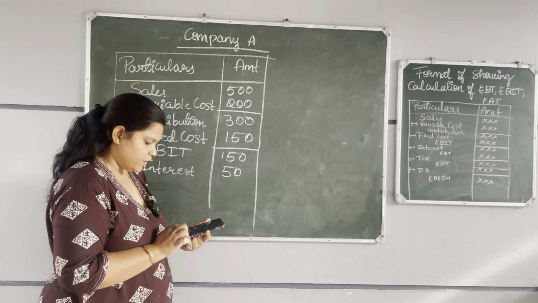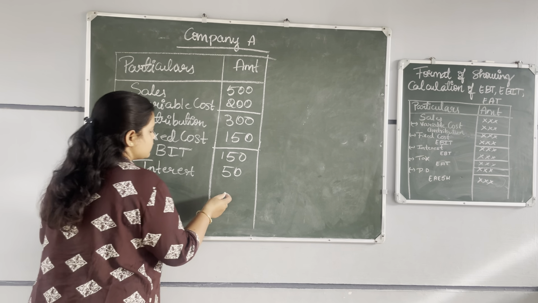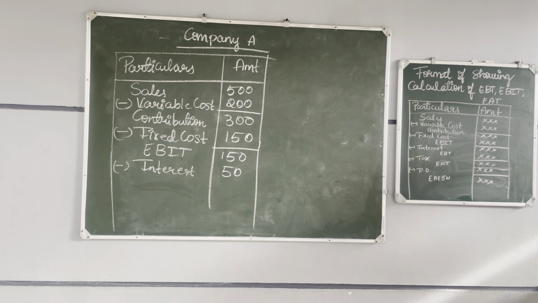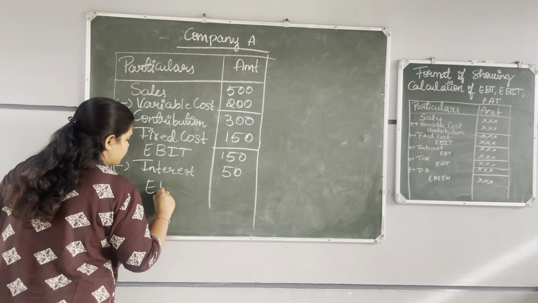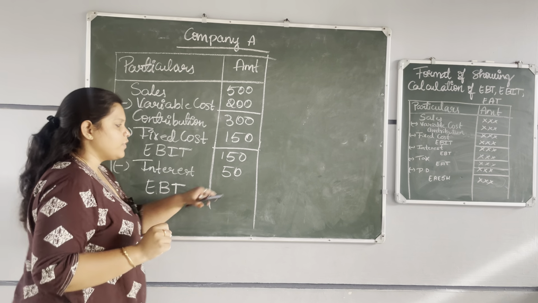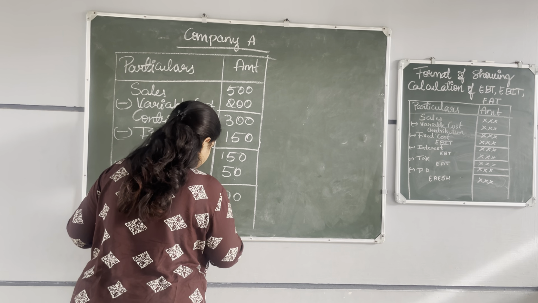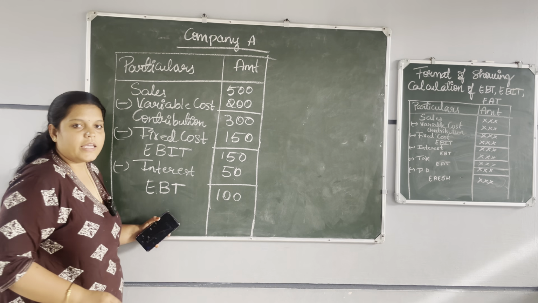This amount is EBT. So 150 minus 50 is 100. This is for company A.